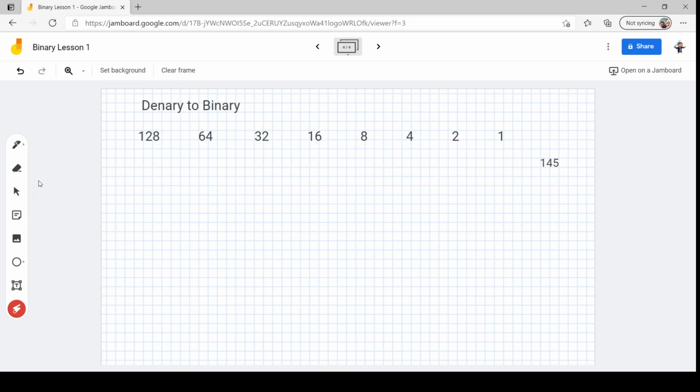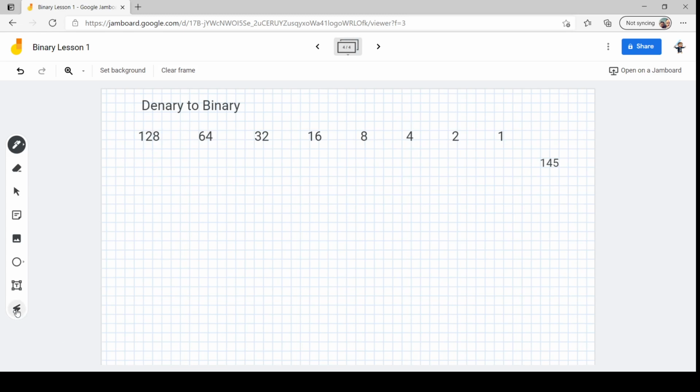Now the way in which I do this is I start from the left and I work my way along to the right. The question I have to ask myself is: is this number smaller than the denary number that I'm trying to convert? If the heading is smaller than 145, I write a 1 underneath it.